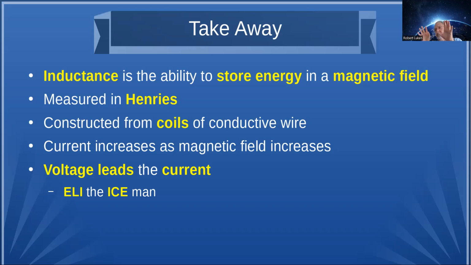But the key thing is that we're storing energy either in the electrostatic field in the capacitor or the magnetic field in the inductor. I don't know if I mentioned it before, but we never lose energy. All we do is transform it.